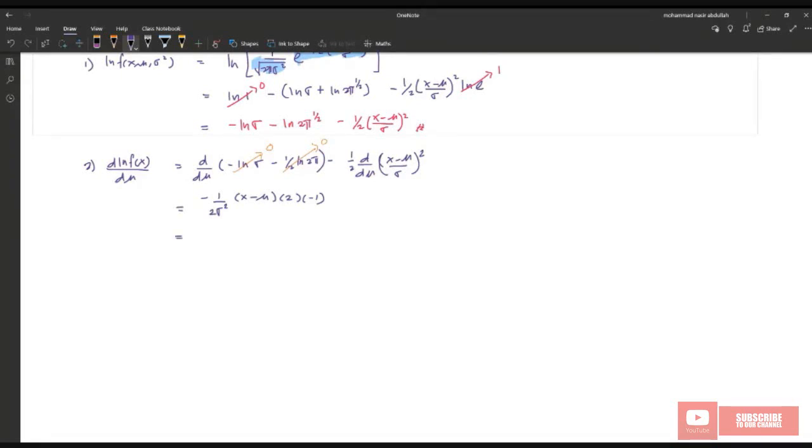So this one should be equal to x minus mu divided by sigma squared, you just eliminate the 2 here. So this is also equal to x minus mu divided by sigma, multiplied by 1 over sigma.